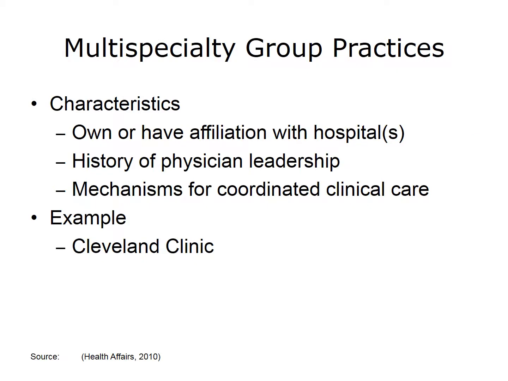The next three types of organizations that can form an ACO involve physician practices more centrally than many integrated delivery systems. For example, large multispecialty group practices, like the Cleveland Clinic, have a history of physician leadership. Some have already developed mechanisms for coordinating clinical care, and some own or have strong affiliations with one or more hospitals.